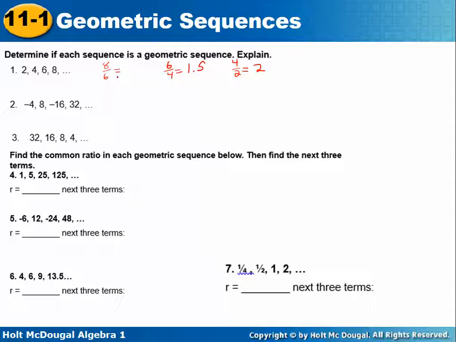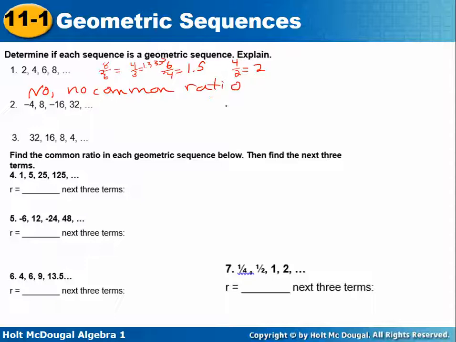And 8 divided by 6, let's see, divide 2 into both, you'd have 4/3, right? 6 divided by 4, divide 2 into both, that would be 3/2. Yep, that one's right. So I would have 4/3 or 1.333. So this one you would say no common ratio.